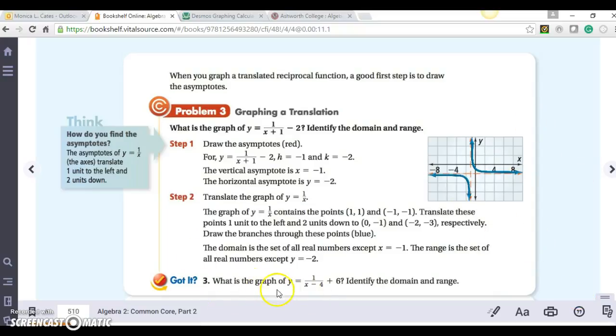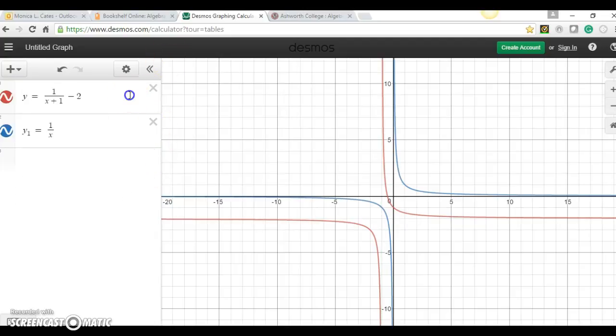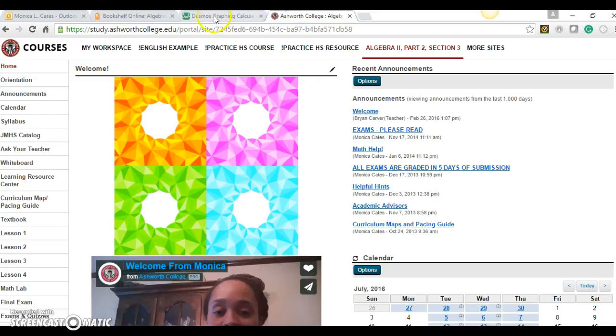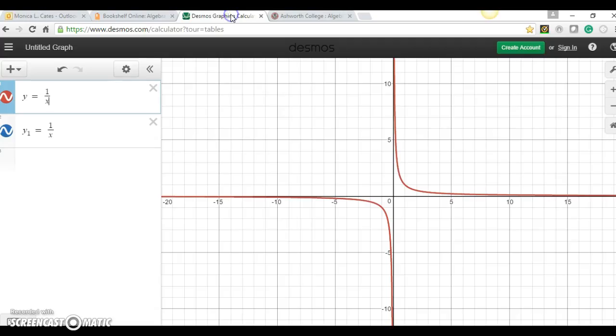Alright, so now let's take a look at the next one. It says, what is the graph of 1 over x minus 4, plus 6? Identify the domain and the range. So I'm going to use my free graphing calculator again. Let's keep the original function, and let's put 1 over x minus 4, and then plus 6.